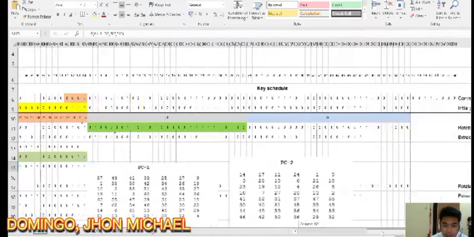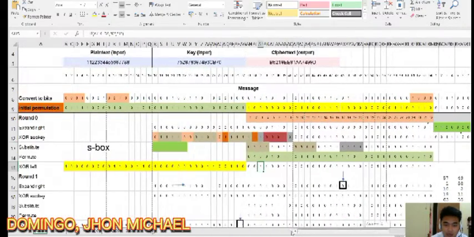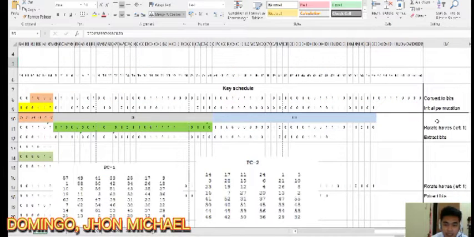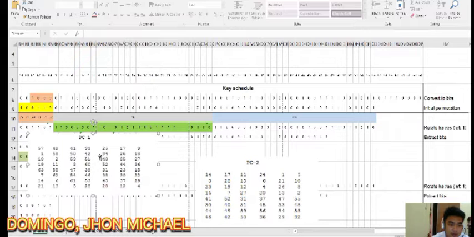Then next will be the convert to bits. The convert to bits will be the result of the key input here, and then the initial permutation will use the PC1 permutation table 1.